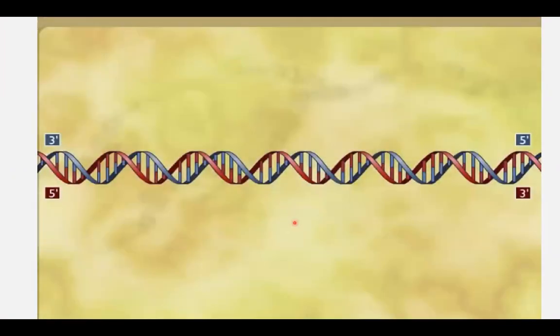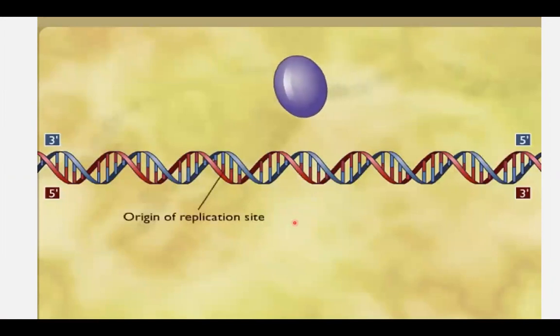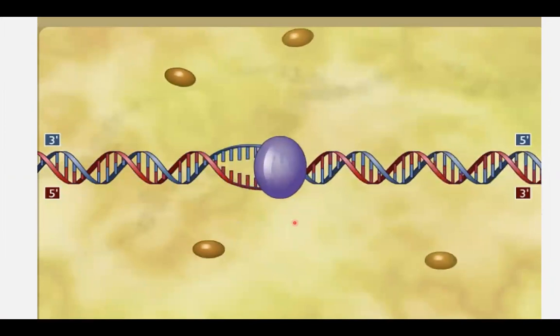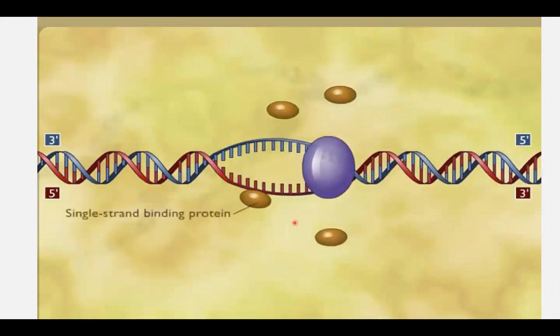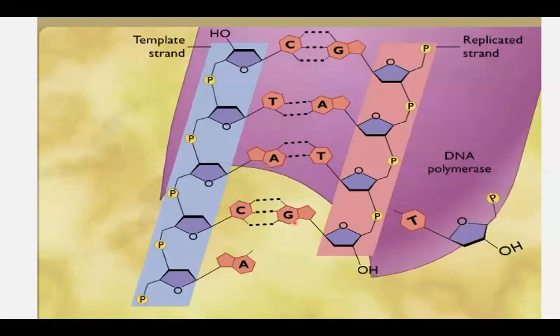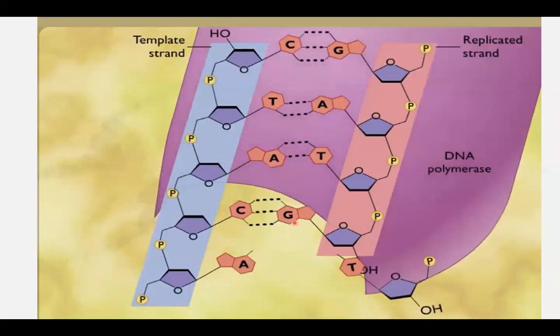DNA replication begins at a specific point in the DNA molecule called the origin of replication site. Initially, the enzyme helicase unwinds and separates the strands of the DNA molecule, which are stabilized by proteins. The enzyme DNA polymerase initiates the process of replication by adding nucleotides to a pre-existing strand of DNA.